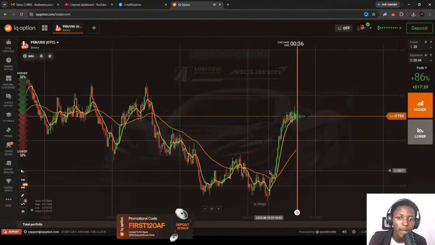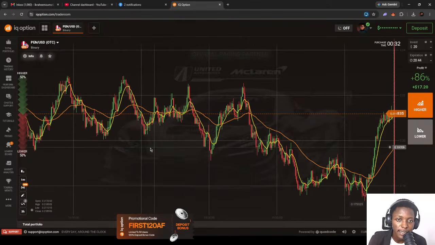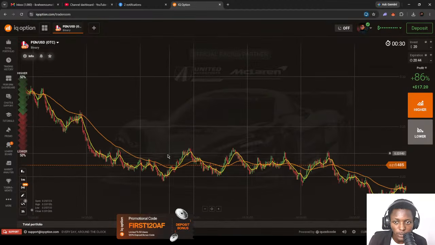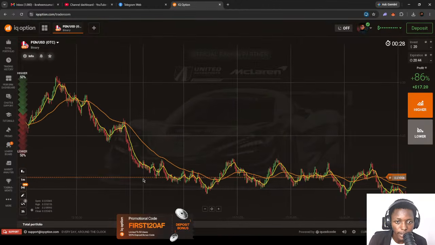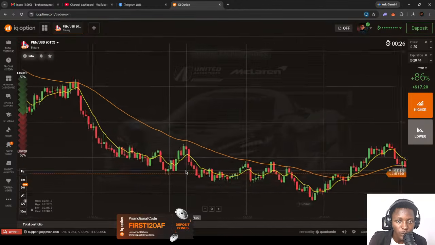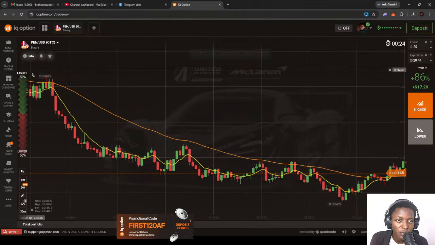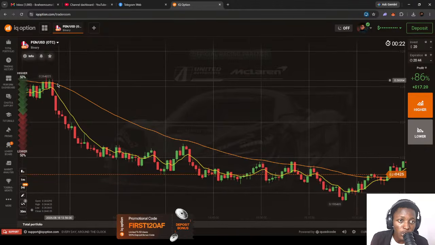So now we have the moving average with period 50, and we're going to try to find this example that we are talking about. Right here you can see price rejected this level, and then price started going in a downward direction. Then it comes around this section, gets rejected and continues going down.